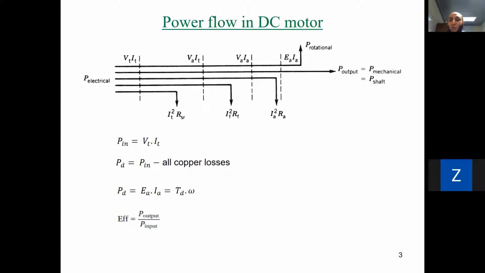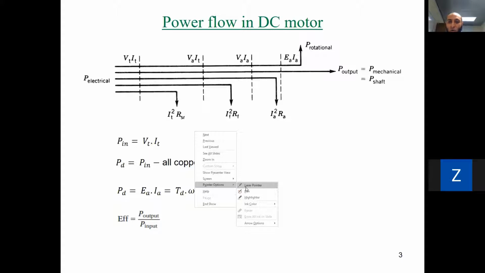Firstly, the power flow depends on the connection of the motor, but all connections are common in some cases. For example, the electrical input power is the same for all kinds of motors.